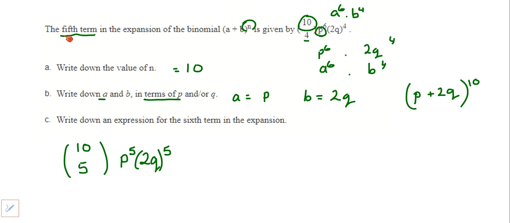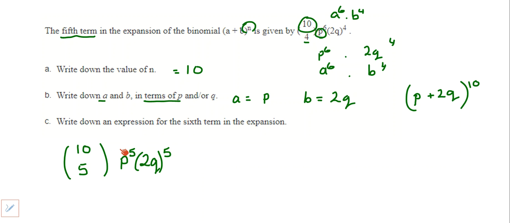Well, it says here the 5th term in the expansion is given by, there's an expression, write down an expression for the 6th term, so probably no need at this stage, and that is what they expected as the answer. If you did go ahead and do 2 to the power of 5, there's just no need at this stage.